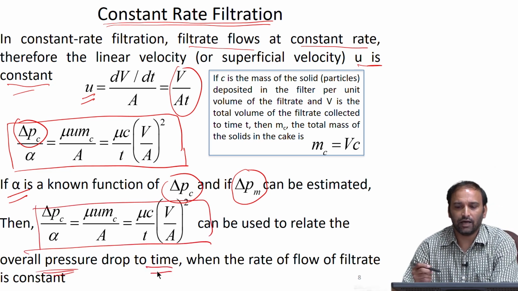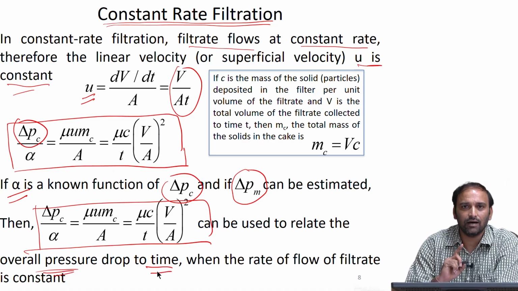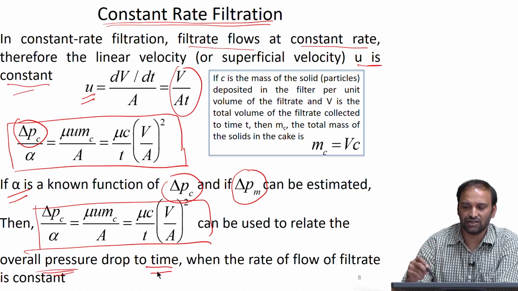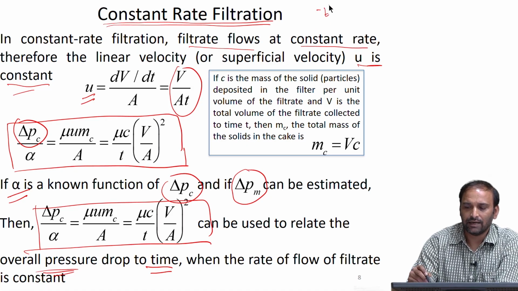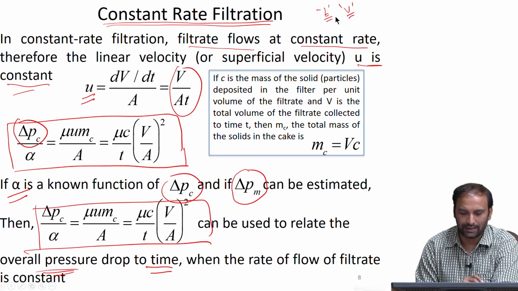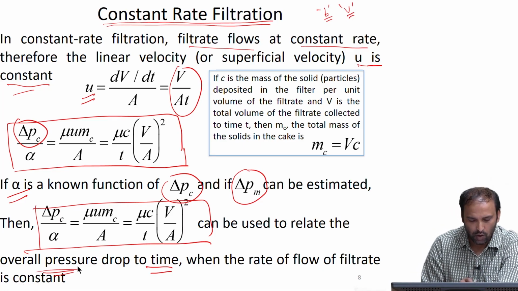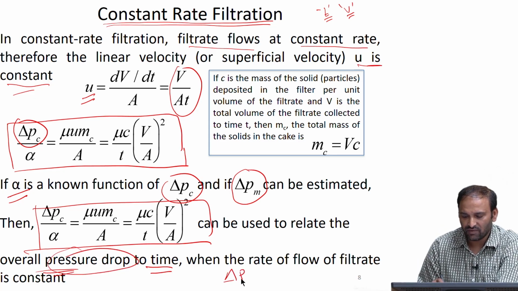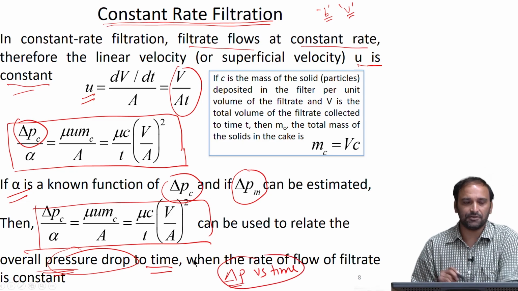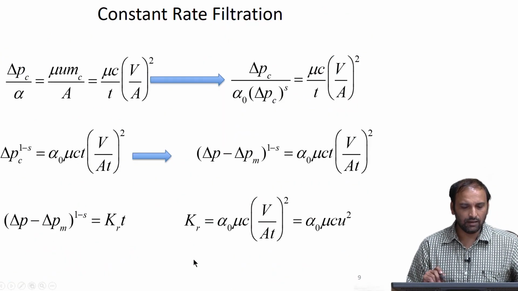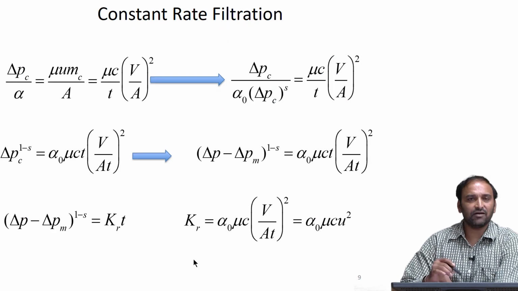In the case of constant pressure filtration, we were interested in an expression involving the time of filtration and the volume of filtrate that I am collecting. In the case of constant rate filtration, what I am after is the relationship between delta P versus the time. And it can be done in a fairly simple way.